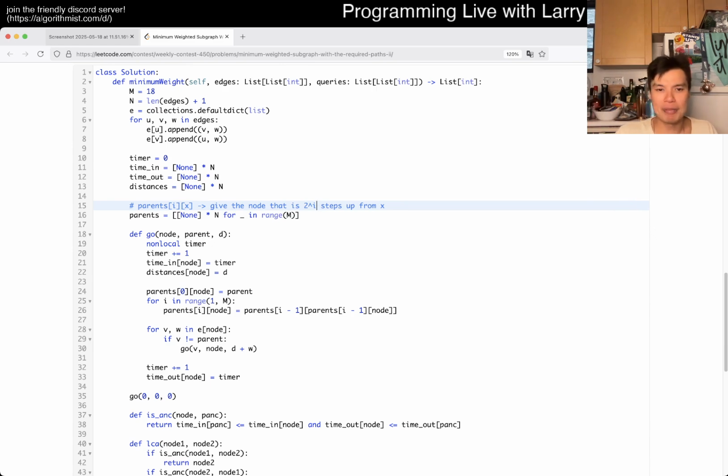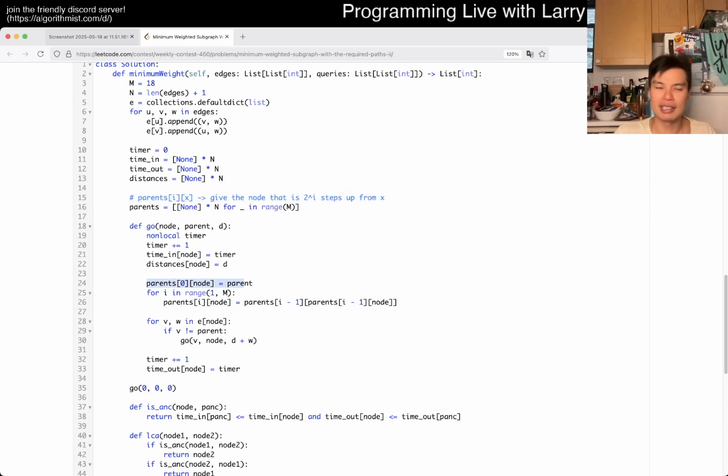And the way that you do this canonically is by dynamic programming, because the way you think about constructing this in an easy way is, let's say you want to calculate the thing, because this is 2 to the i, so let's say 2 to the i is 8. Well, instead of doing 8 1-steps, you combine them into 4 2-steps, and then combine those into 2 4-steps, and then the 2 4-steps you can combine into 1 8-step.